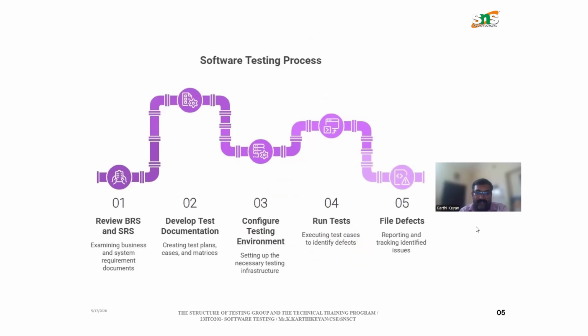For example, examine the business and system requirement documents, develop test documentation by creating the test plan, cases and metrics, set up the necessary testing infrastructure, execute the test cases, identify defects, and finally file defects, reporting and tracking the identified issues.